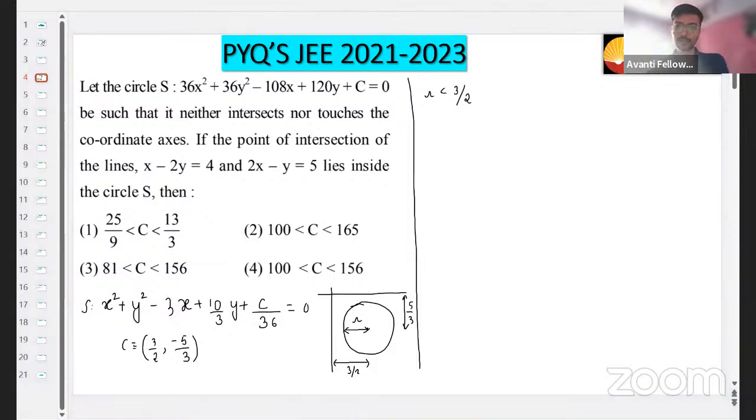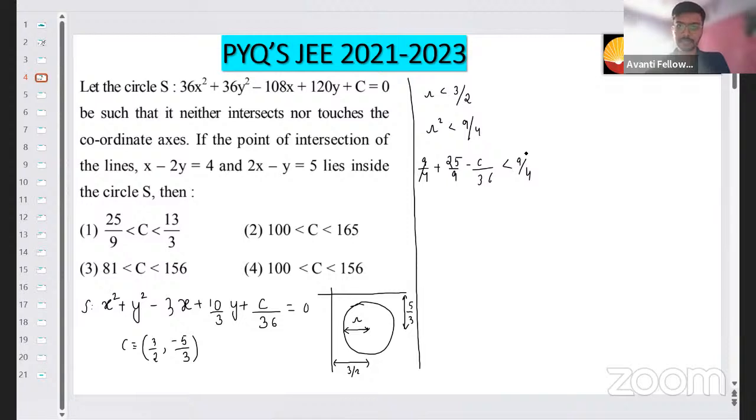So we can square it on both the sides, right? So if I square it on both the sides, I'll get r square less than 9 by 4. And we know the radius formula, it is under root of g square plus f square minus c. So g square 9 by 4 plus f square 25 by 9 minus c by 36 will be less than 9 by 4.